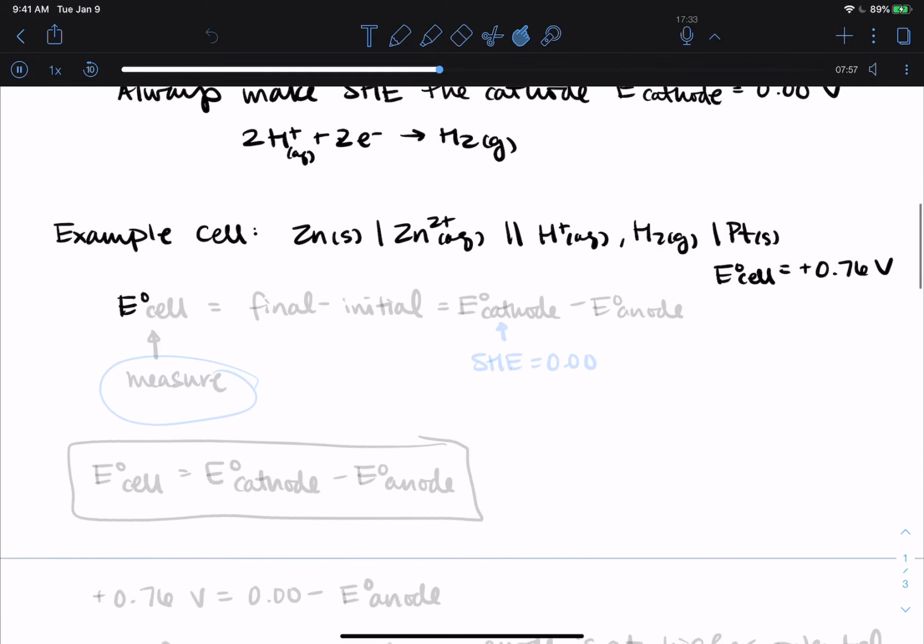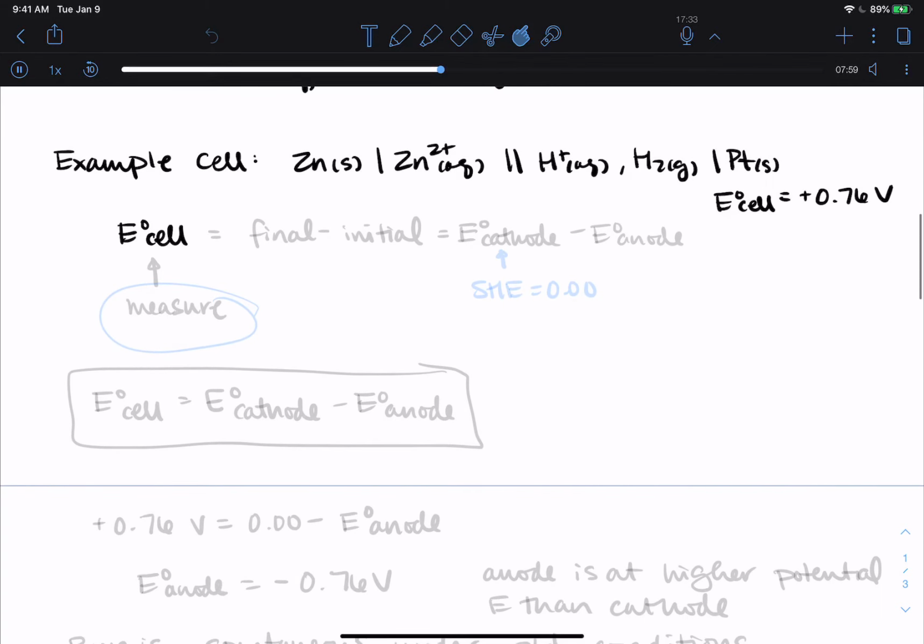So the standard cell, E cell, this is what we measure. And we're setting the cathode equal to 0, but we don't yet have an equation for this. It is obviously on the equation sheet, but what we end up looking at is just a final minus initial, right?